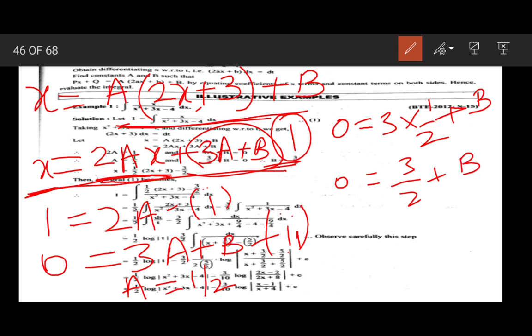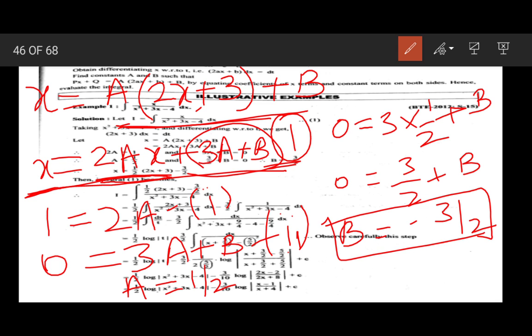Now I will substitute this a in the second equation, so I will get 0 is equal to 3 into 1 upon 2 plus b. That means 0 is equal to 3 upon 2 plus b. So b is equal to minus 3 upon 2. So a is 1 upon 2 and b is minus 3 upon 2.